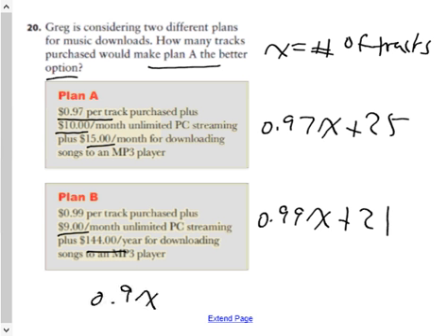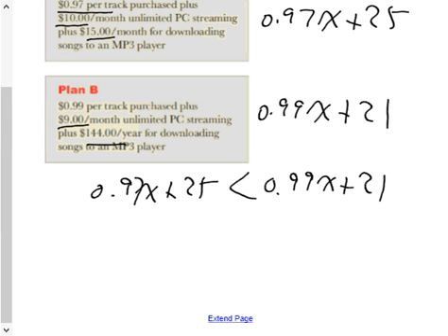If that's the better option, it has to be less than the other one.